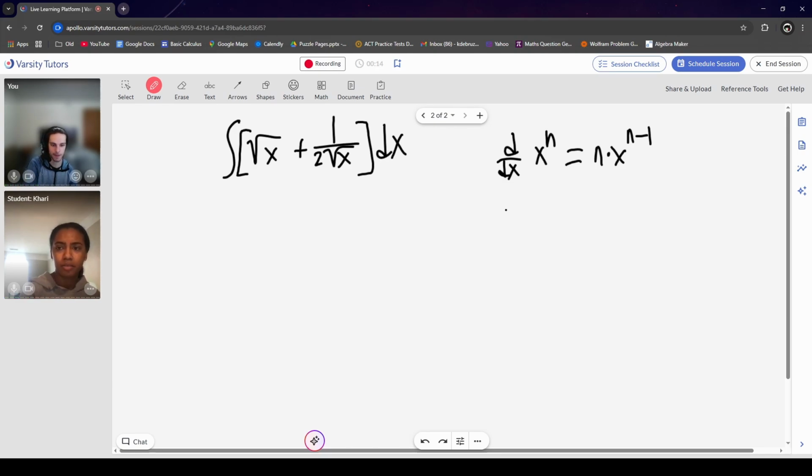Likewise, if we take the integral of x to the n, this is the power rule for integration. The power rule for integration tells us that the integral of x to the n is x to the n plus 1 over n plus 1.